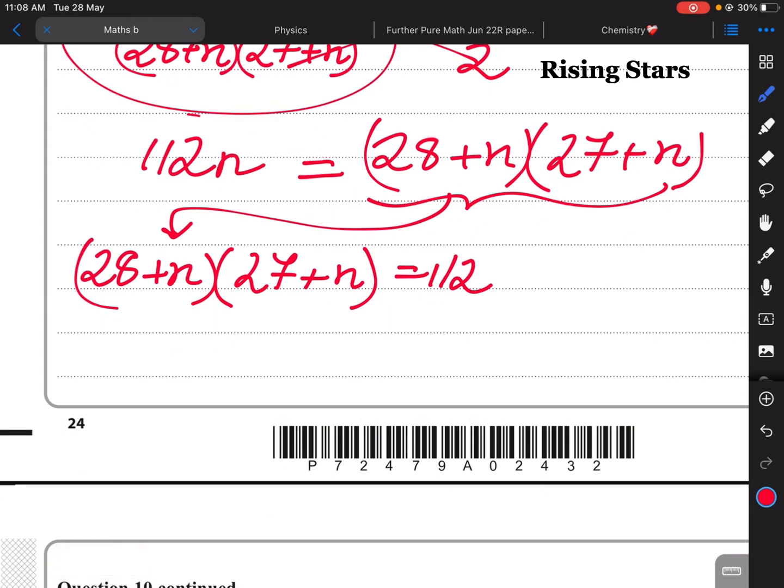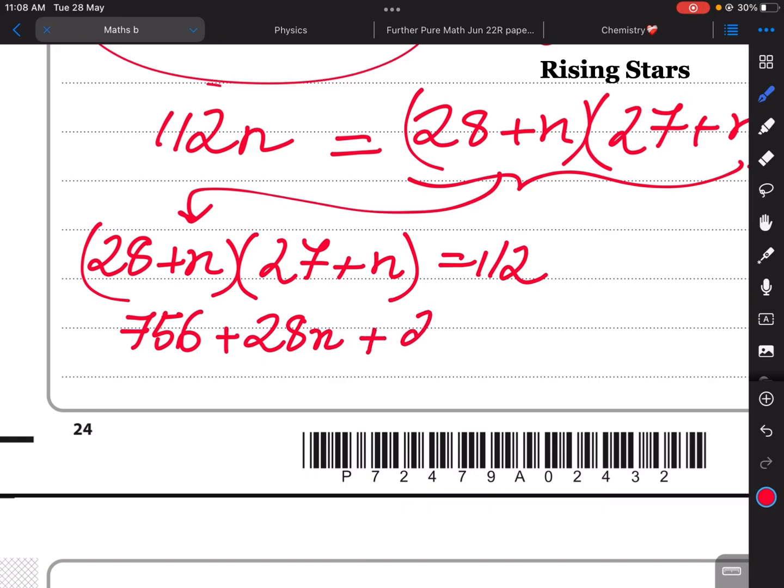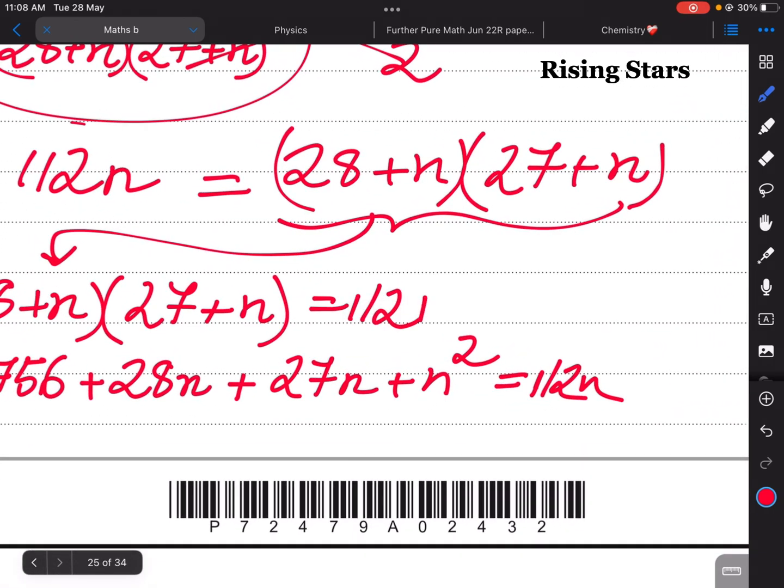Okay, so now we have to multiply. 28 times 27 is 756, 756 plus 28n plus 27n plus n square equals 112n. I forgot to write the n over here.